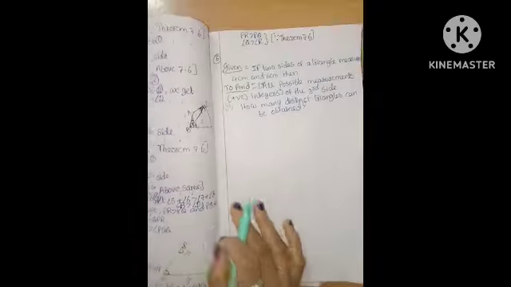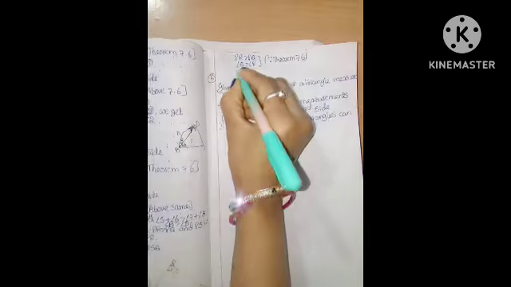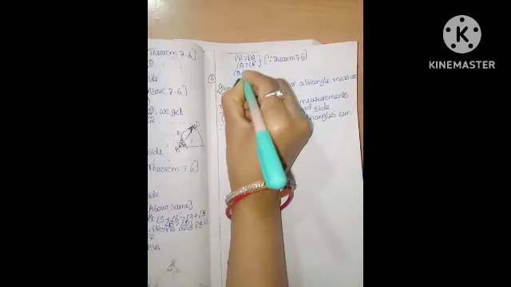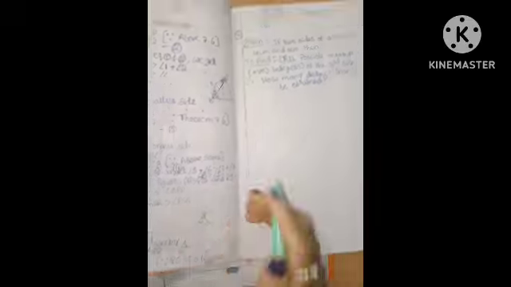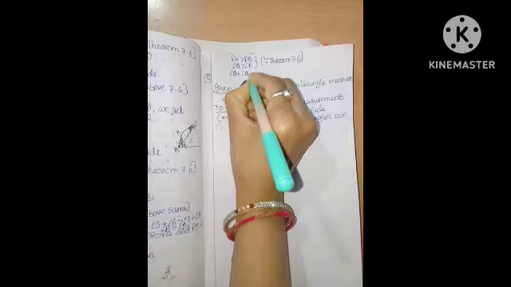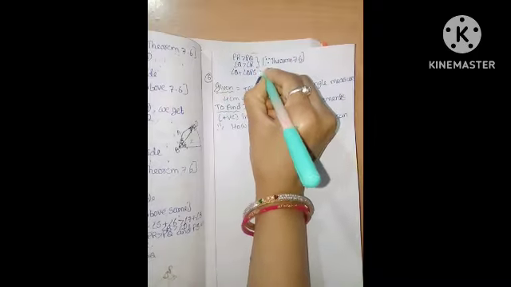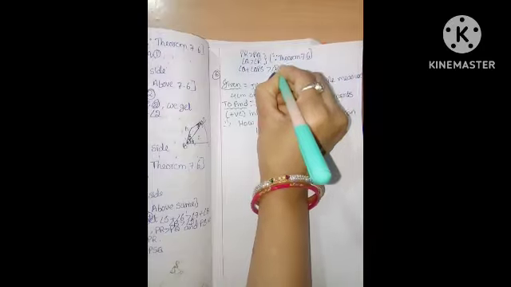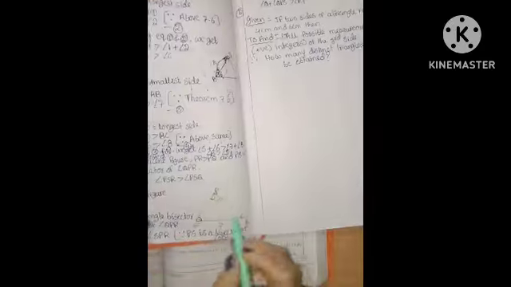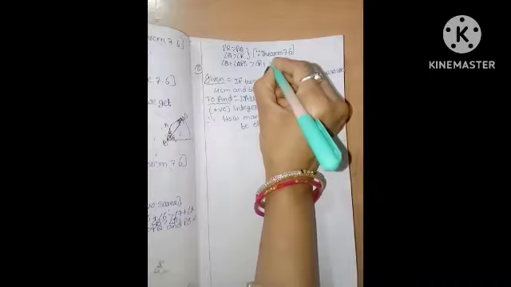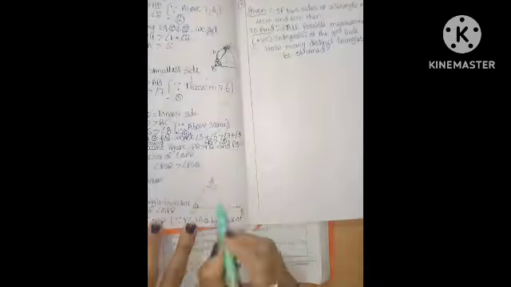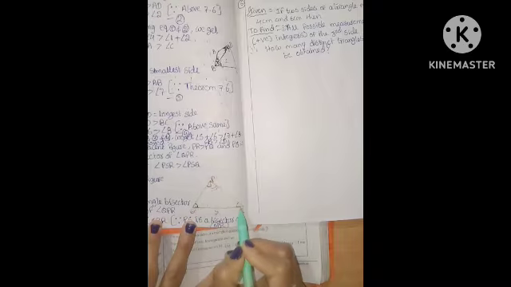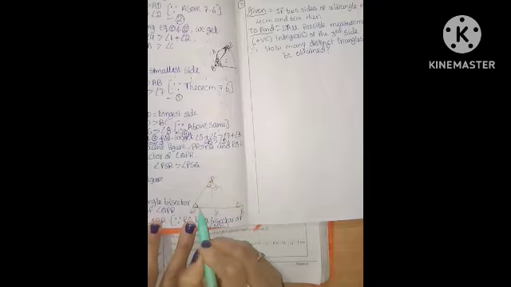So in this triangle angle Q plus angle QPS is greater than angle R plus angle SPR. This is the greater angle.